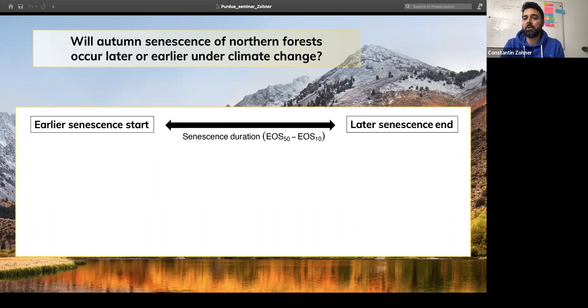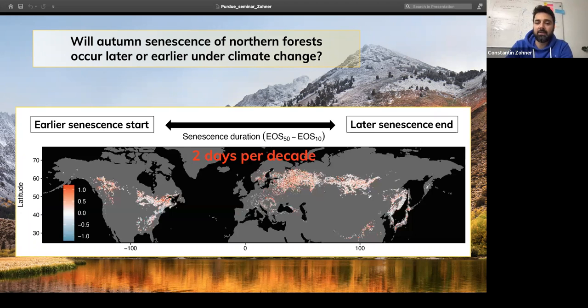And then, of course, we can also look at if this is already happening. What we see here is that the pattern is not as clear, because there's a lot of noise in these data sets, but overall we really see that the duration of senescence has been lengthening by 2 days per decade.